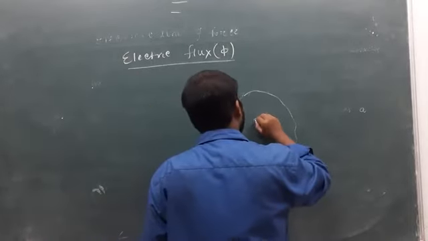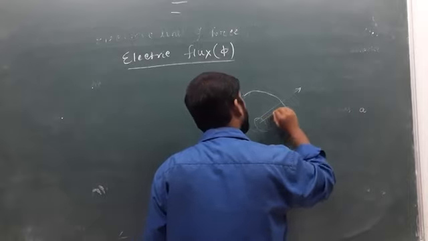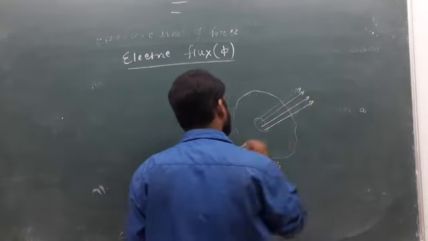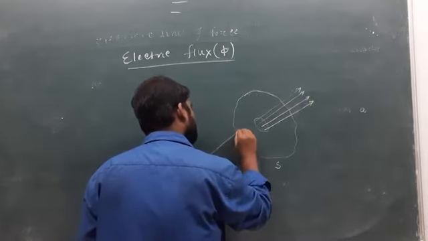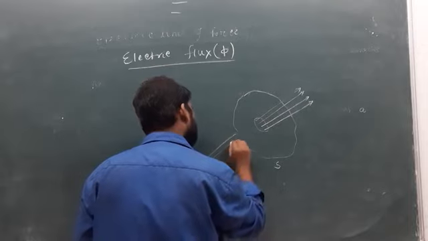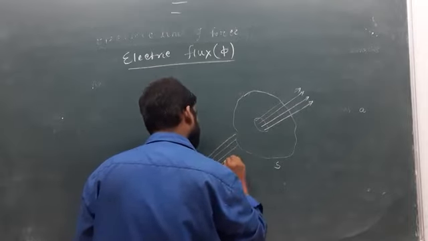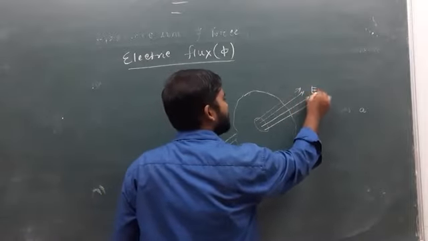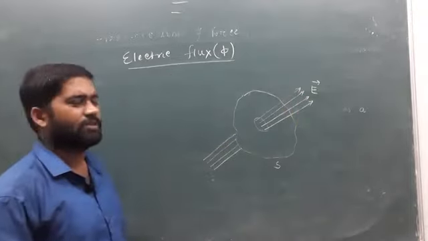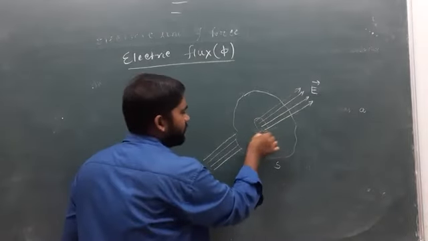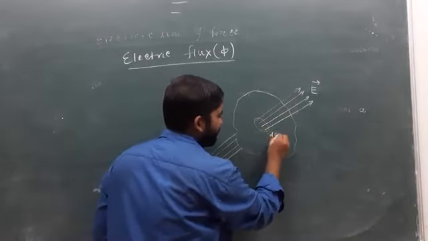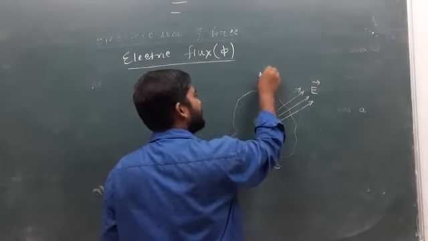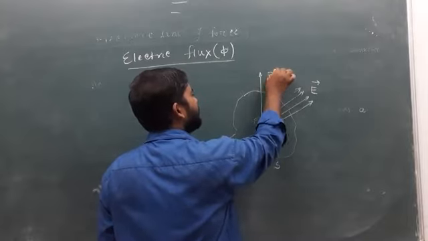From that small region there will be the passage of the electric lines, and these electric lines have a definite electric field vector, suppose E. If I consider a small surface here, suppose that surface is ds, and this is the surface vector n cap, or simply ds vector.